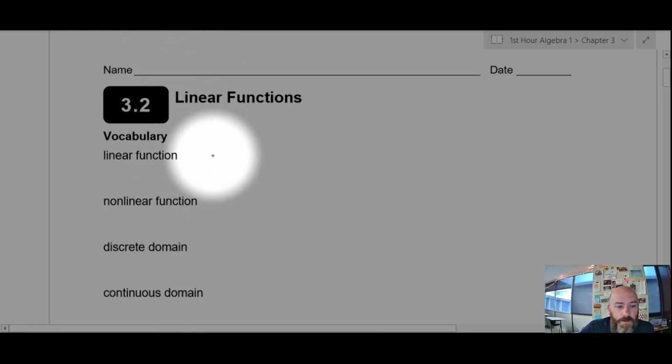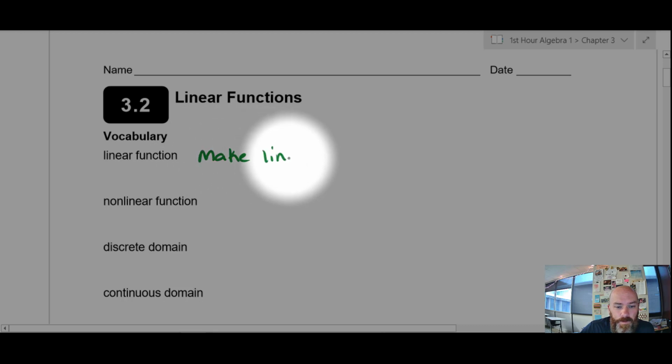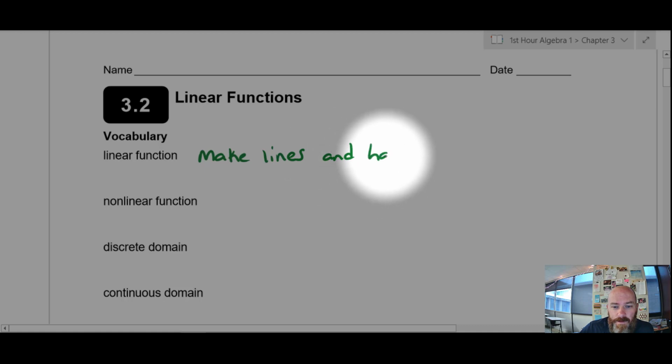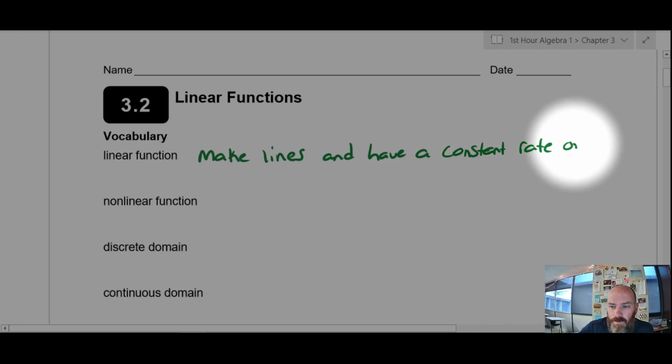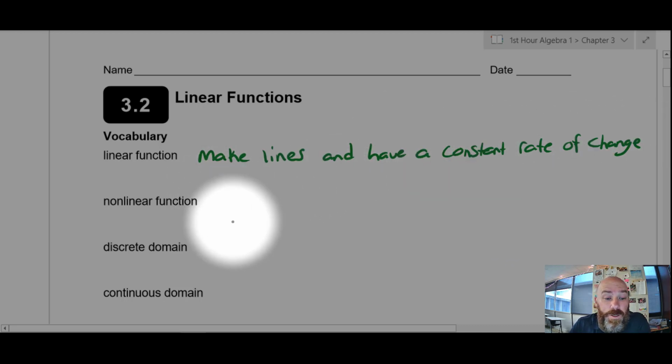Linear functions are functions that make lines and have a constant rate of change. A nonlinear function, well, they curve.